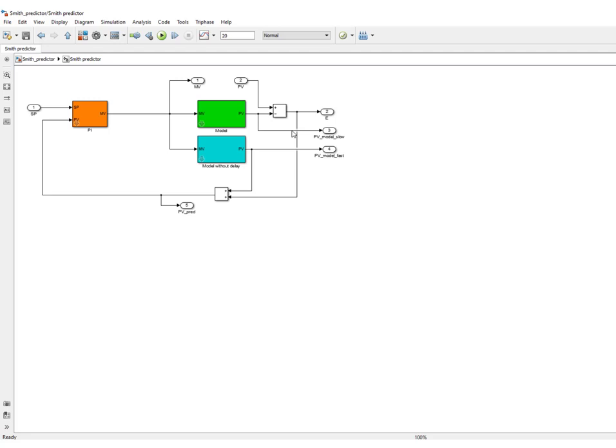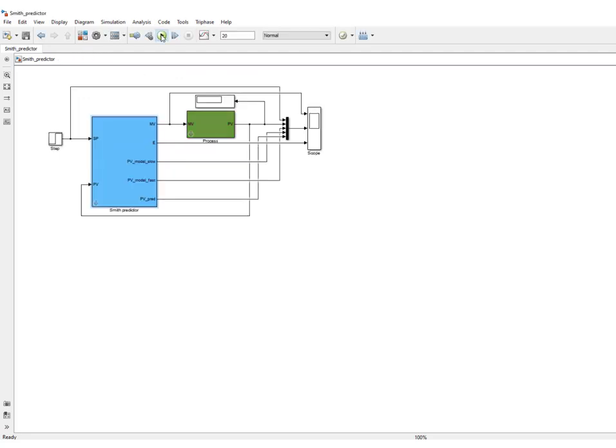This implementation is a bit different than the implementation in the slides, but it will look like the implementation of the predictive PID controller, and we'll see that the Smith predictor is a particular case of this predictive PID controller.